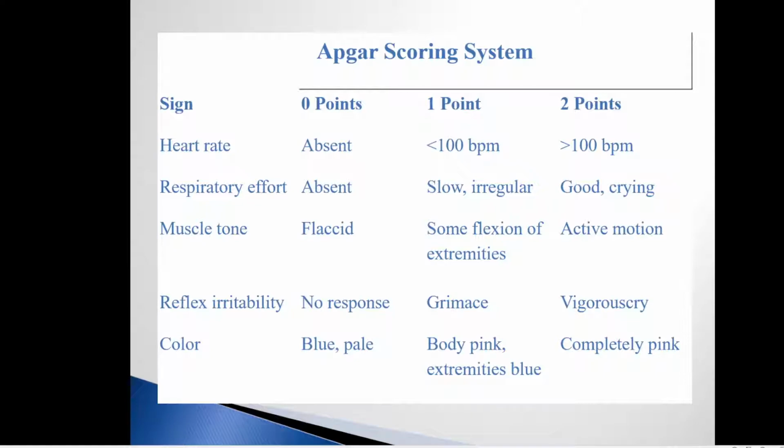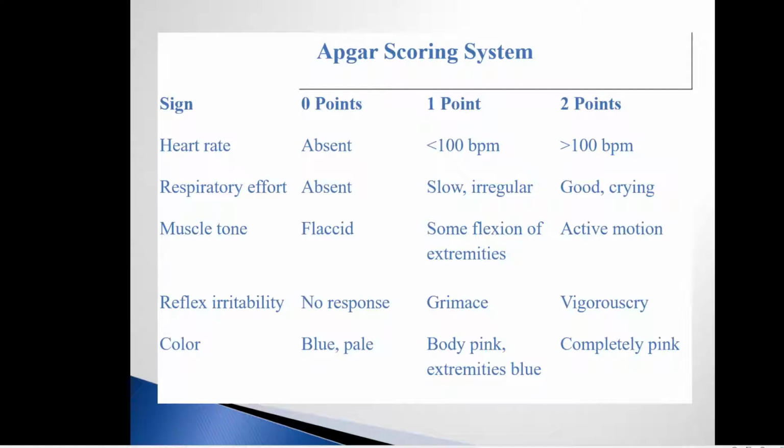A very important score is the Apgar score. According to this Apgar score, we check fetal heart rate, respiratory effort, muscle tone, reflex irritability, and color. And every parameter is scored from 0 to 2 points.